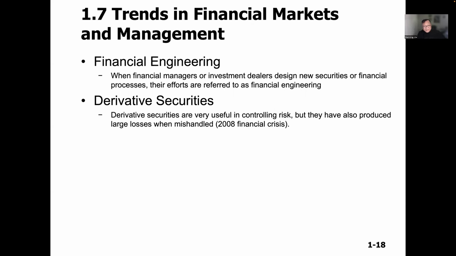Derivative securities. Derivative securities are useful for controlling risk. So what do we mean by this, right? What would be a derivative security? For example, you could have a forward contract, right? Let's say I know that in my business, I'm going to need $1 million US in May 2023, but I'm really concerned about the exchange market, right?